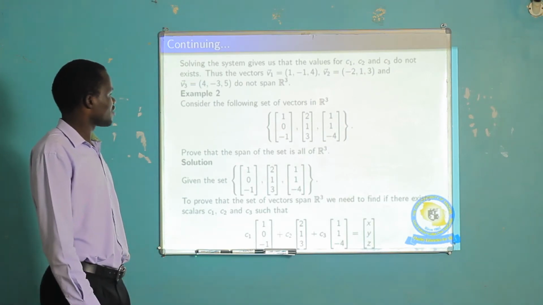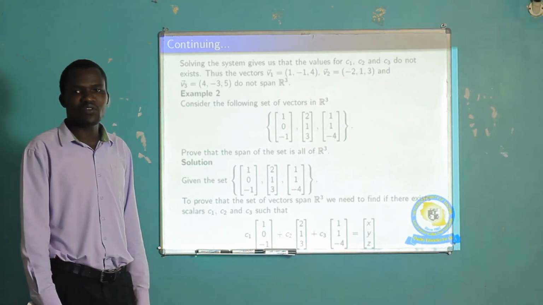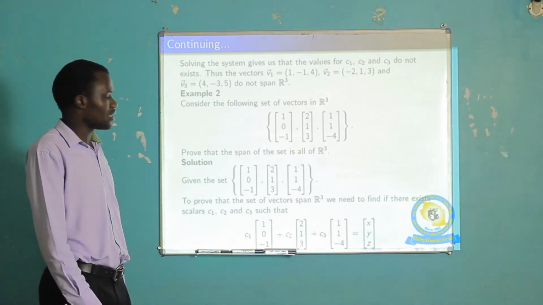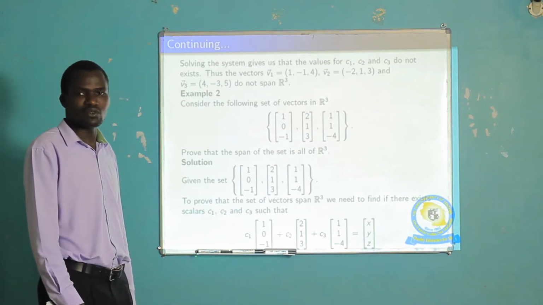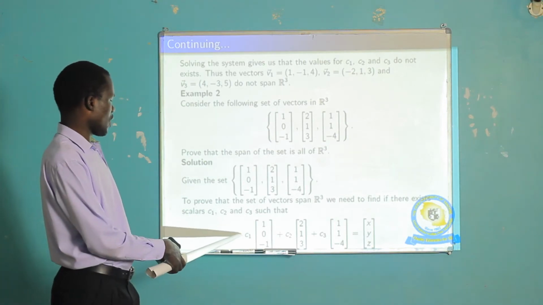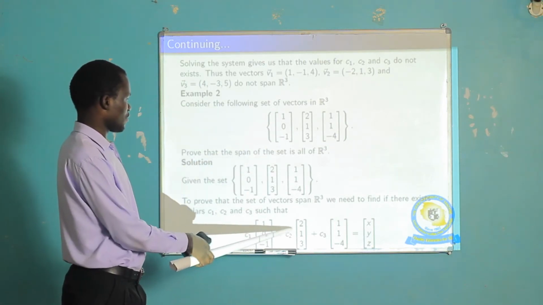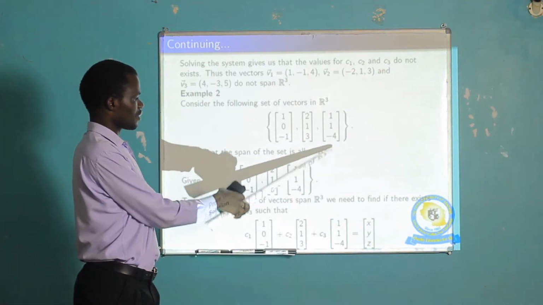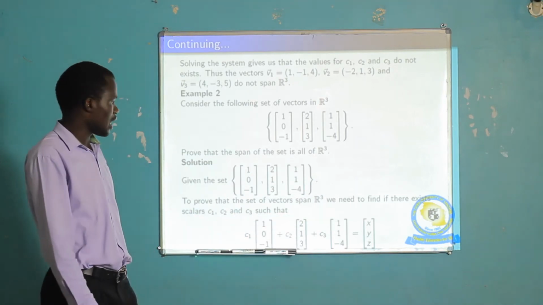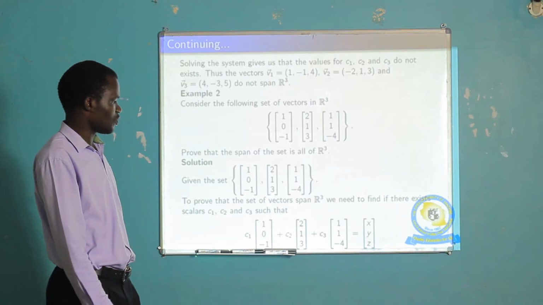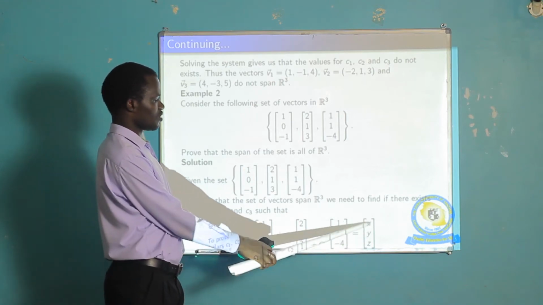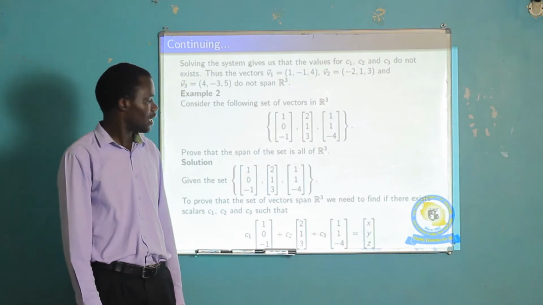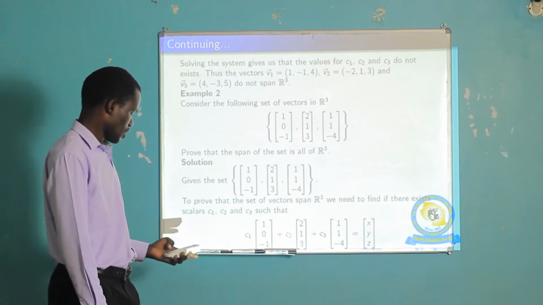To show that this spans R3 space, we have to find out whether there exist three scalars, namely C1, C2, and C3, such that C1 times vector 1, which is this one, C2 times vector 2, this one, plus C3 times vector 3 will give us one of the vectors in R3 space, generally represented as a vector with the entries x, y, and z.